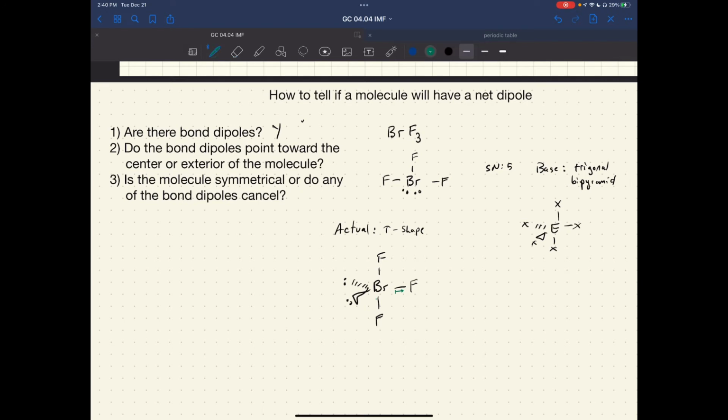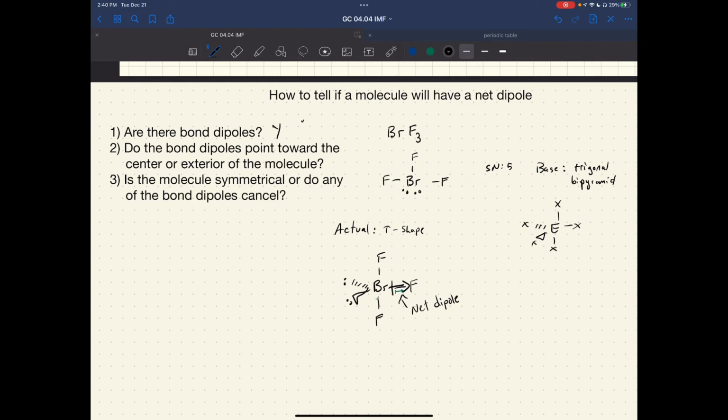And the only thing that's left is the bond dipole between the bromine and this fluorine here. So nothing's canceling that one. So that bond dipole becomes our net dipole. Okay, which means that BrF3 can dipole-dipole.